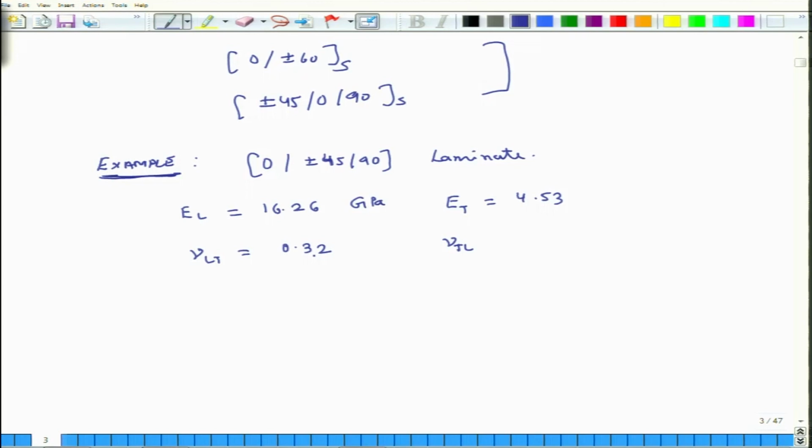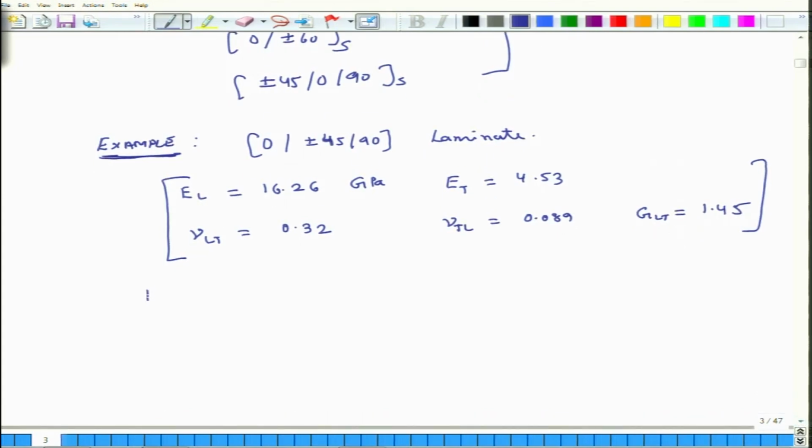So, nu TL will be nu LT into ET divided by EL. This is the relation we already discussed earlier. This works out to be 0.089, and then GLT is 1.45. These values we can either measure from a single 0 degree oriented layer, or if we have the material properties of fiber and matrix, then we can calculate these properties also. Okay, so this is the data.